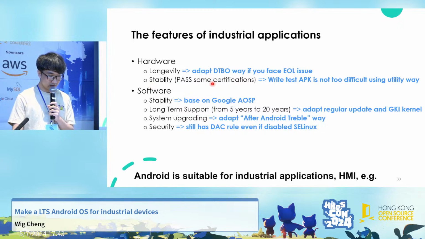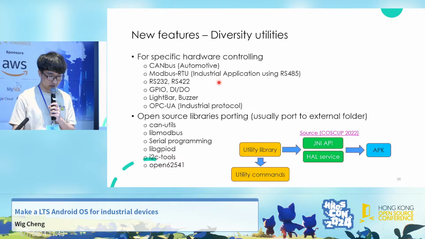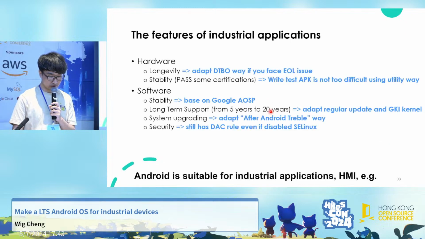And for the stability part, you can write a test APK. If you face a special interface or protocol, you can check back the diversity in utilities way to implement an app to do your test. And on the software part, the stability, because our Android OS is still based on Google AOSP, it should be no problem.